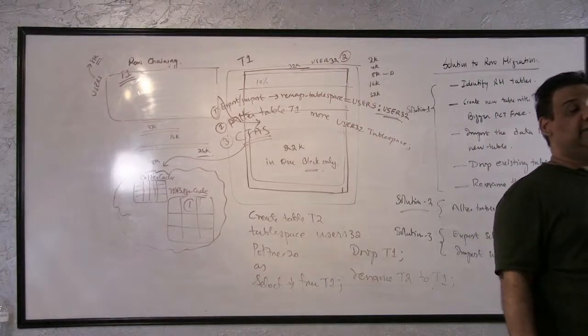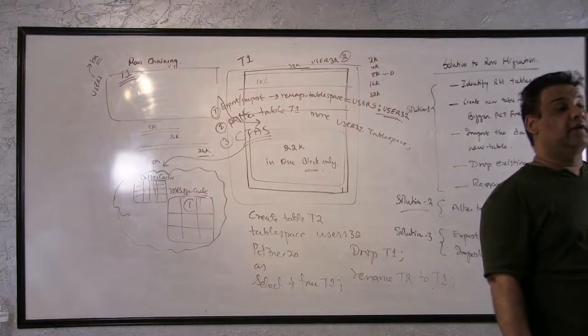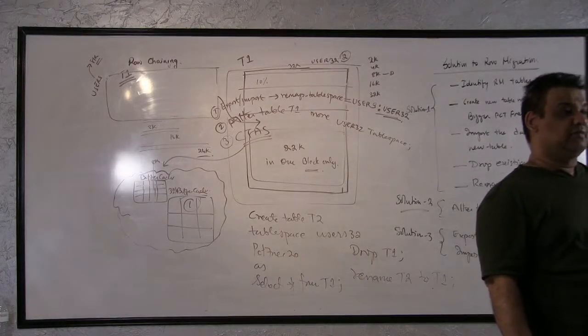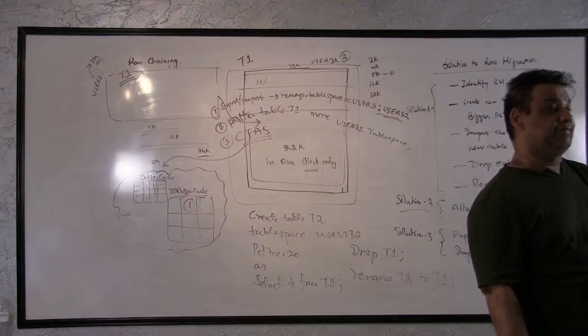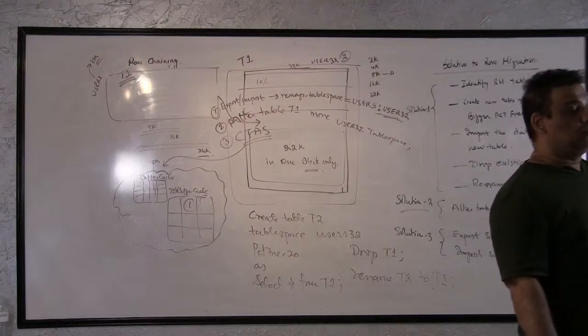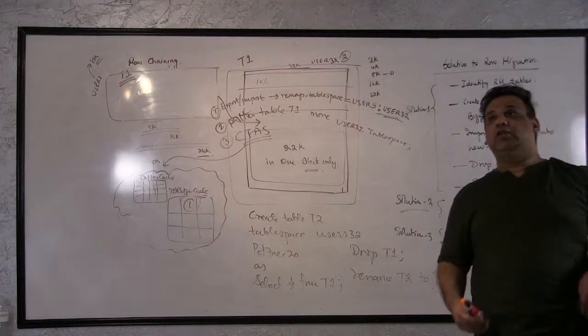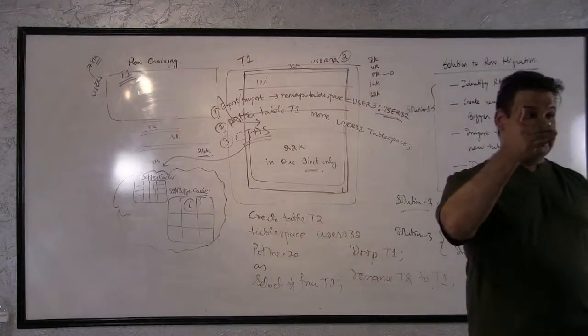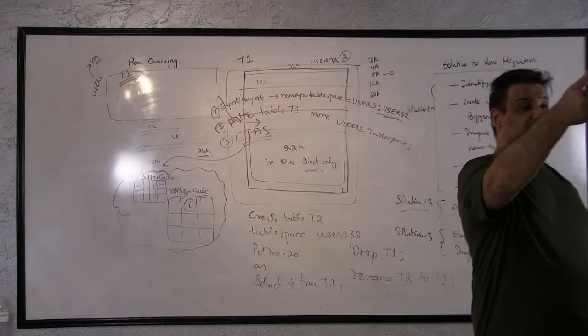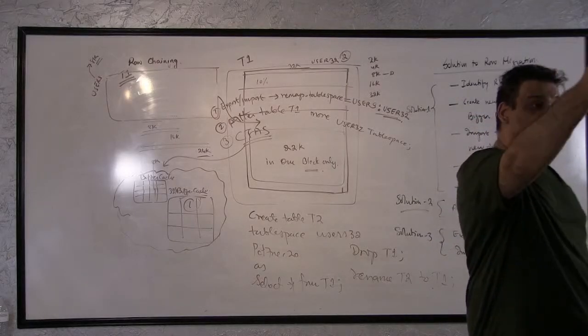Sir, the way we create table spaces, we have an option for max size unlimited and auto extend. Why can we not do that with the block? No. See, all these blocks are part of extents. Extents are part of segments. Segments are part of table space.